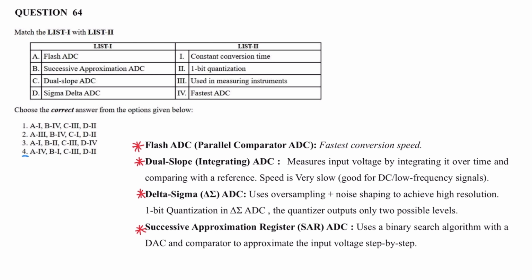Next question. Flash ADC, or parallel comparator type ADC, or simultaneous type ADC, is the fastest analog to digital converter. So A matches to 4. Successive approximation type ADC uses a binary search algorithm with a digital to analog converter and comparator to approximate the input voltage step by step, and it has constant conversion time, independent of the magnitude of the input signal.